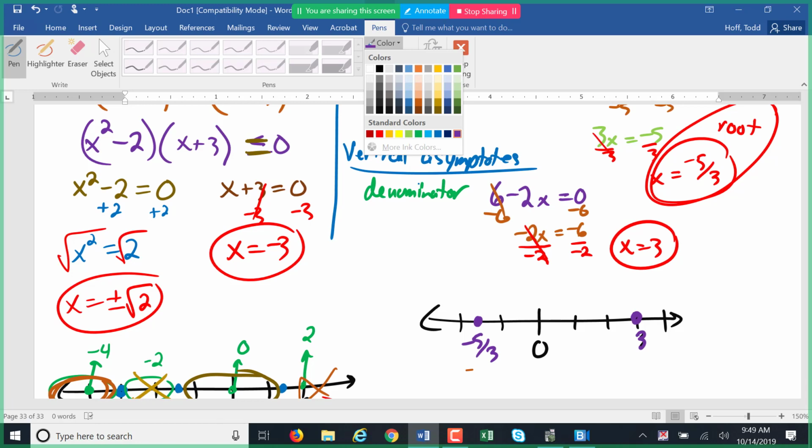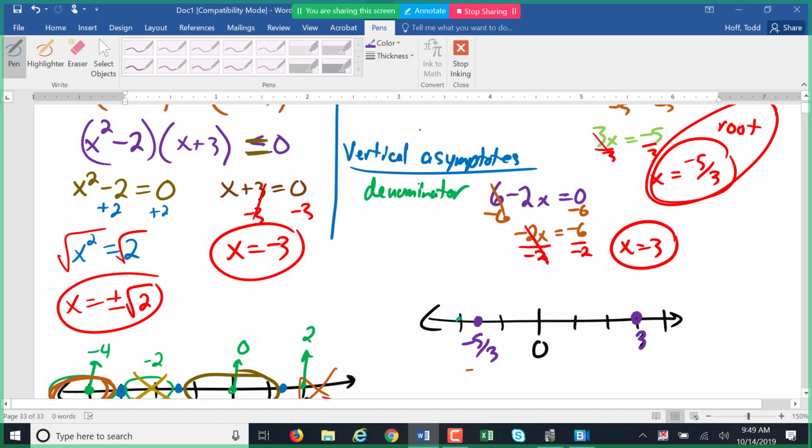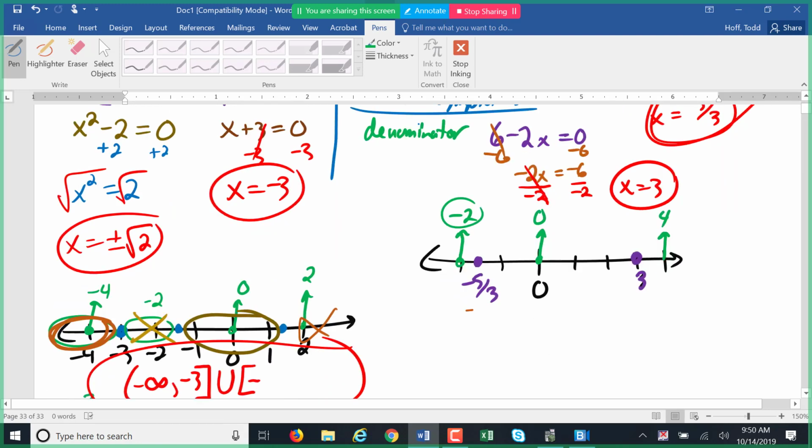So we have three regions to test here. I am going to test down here by using -2. I'll test this one as 0, and I'll test this one using a +4. So let's start out with that -2 first.